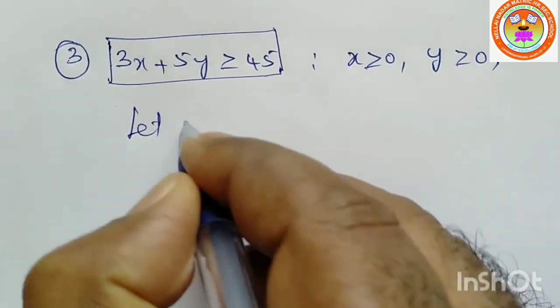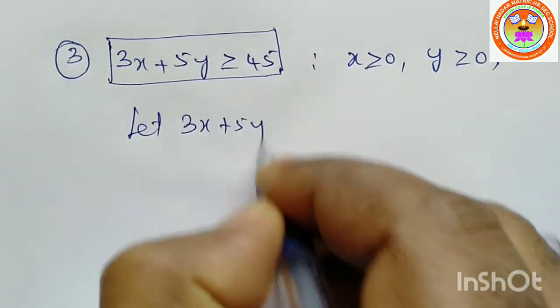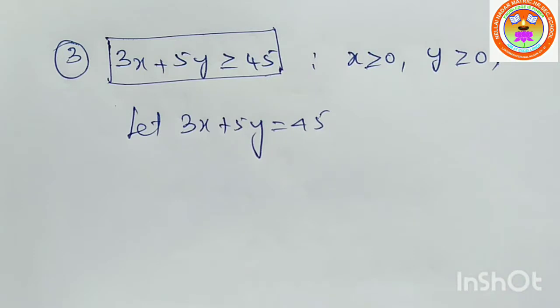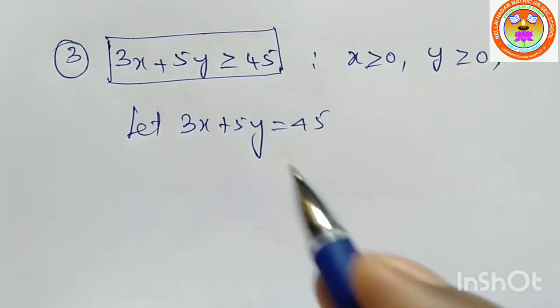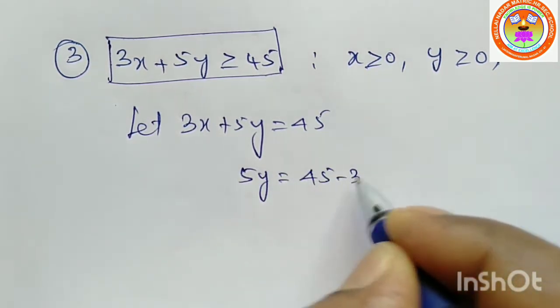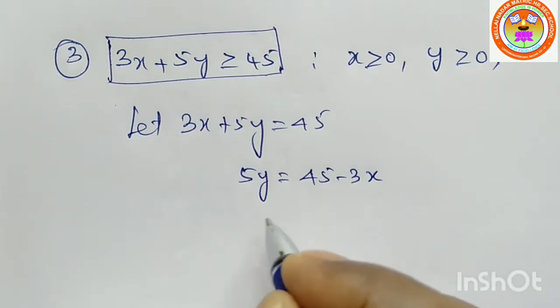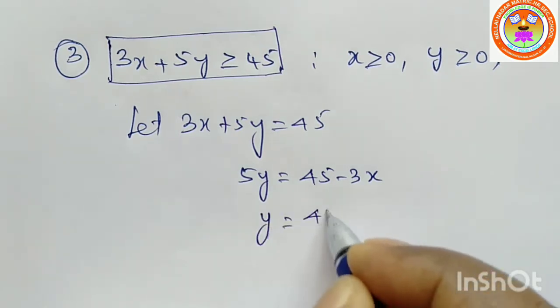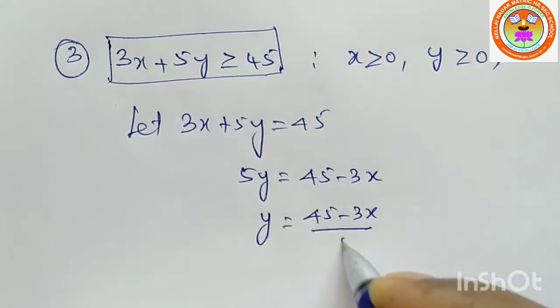Let us take 3x plus 5y is equal to 45. From this equation we are going to find the value of y. So 5y is equal to 45 minus 3x. So y is equal to (45 minus 3x) by 5.